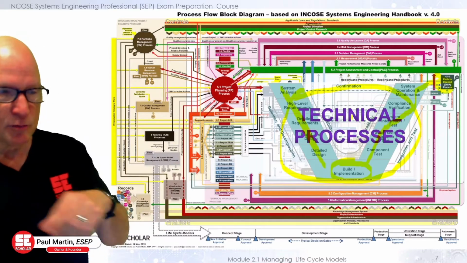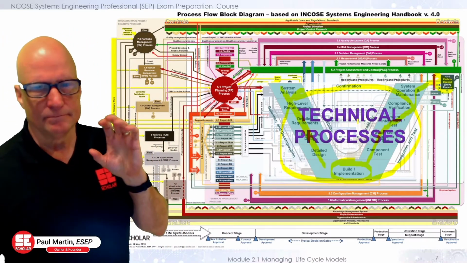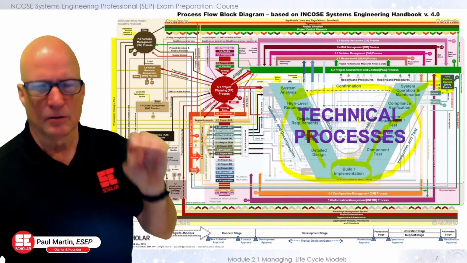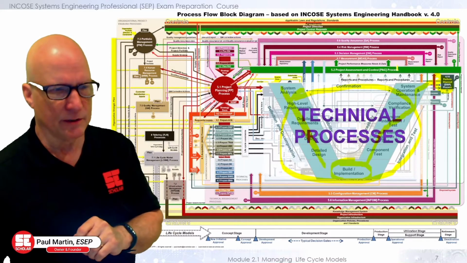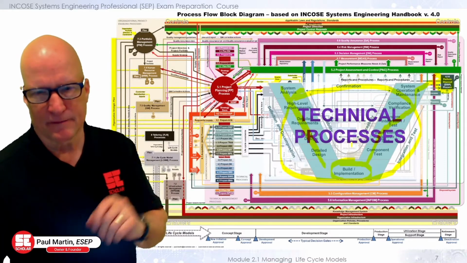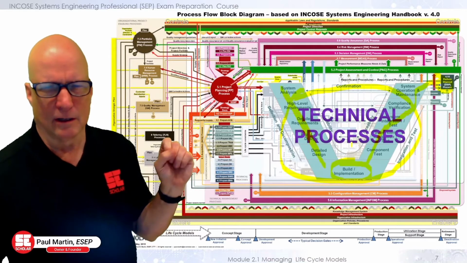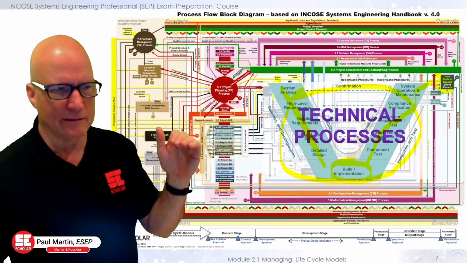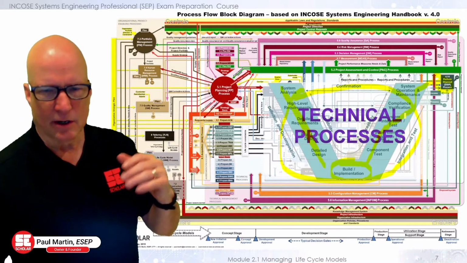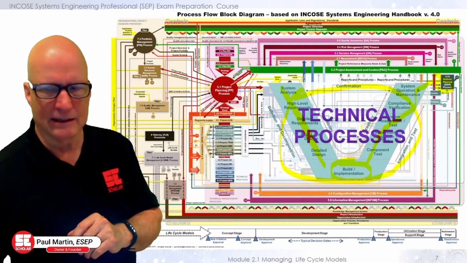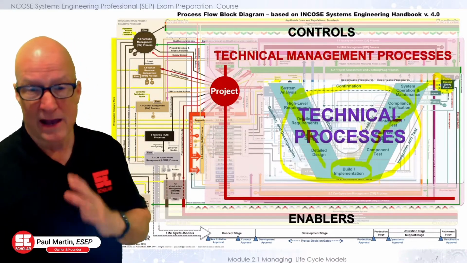So the technical processes are the seminal system engineering stuff we do. What's neat about 15288 is that a lot of the older standards started with the design and went through, and that's where it started. But 15288 brings in the technical management processes.